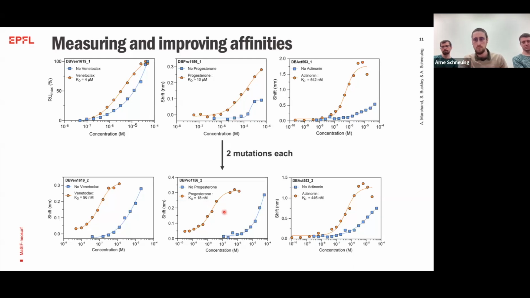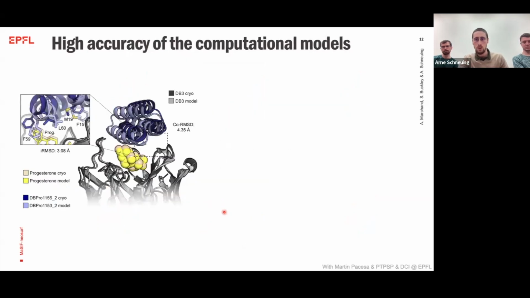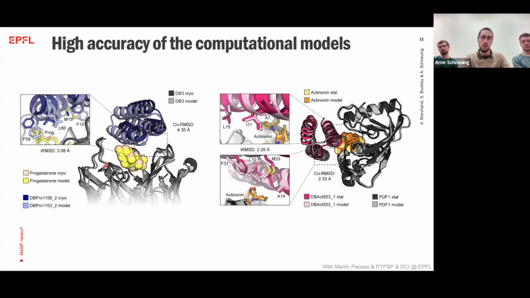And I will also tell you that the most important thing for any protein designer is the structural data. So you want to be sure that what you get in reality is really what you predicted on the computer. And to do that, you can do either cryo-electron microscopy or crystallography.